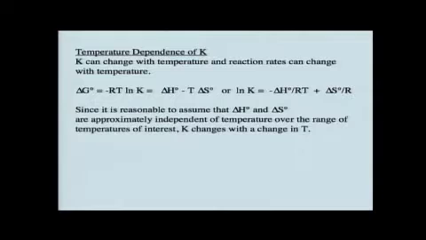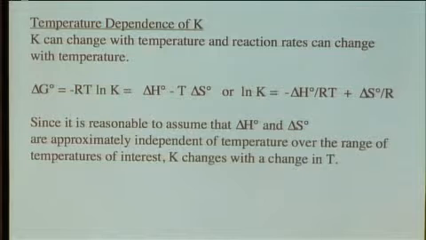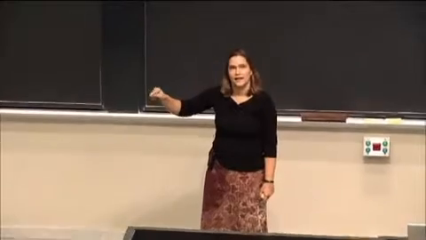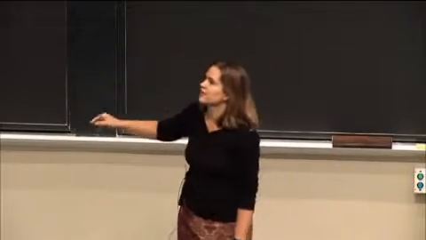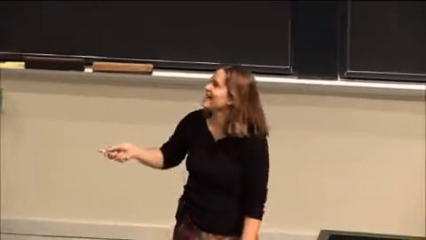We also know that delta G naught equals delta H naught minus T delta S naught. If those equations don't look familiar, then you should go back and review the material on thermodynamics, because you're going to need it in this unit, the next unit, the unit after that, and then the next 2 units, and then we're done with the class. So good to get familiar with this now.